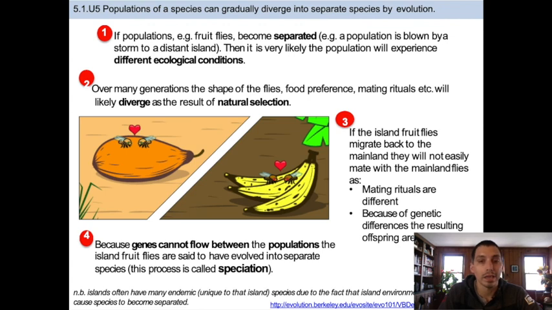So in all likelihood, there are going to be genetic differences. Because genes can no longer flow between those two populations, because the island flies can no longer mate with the mainland flies, these two populations are now said to be different species. So once they cannot exchange genes, they are now two different species.